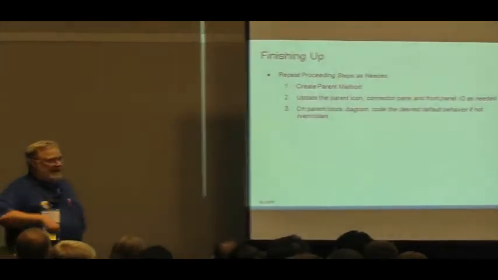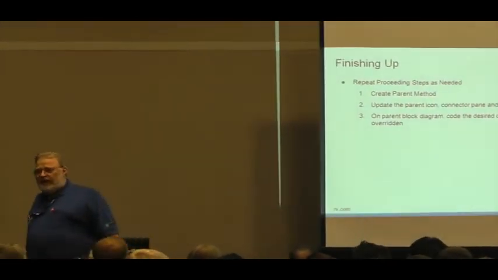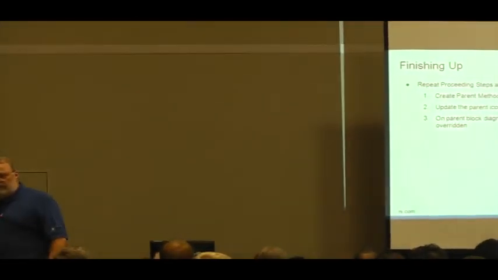Then on the parent block diagram, you put whatever code you want to have executed by default. In other words, every child does not have to override every parent method. So one thing you can do to save yourself a lot of hassle is, if a child class needs to do the exact same thing the parent did, don't override it. Just let the parent method handle it.